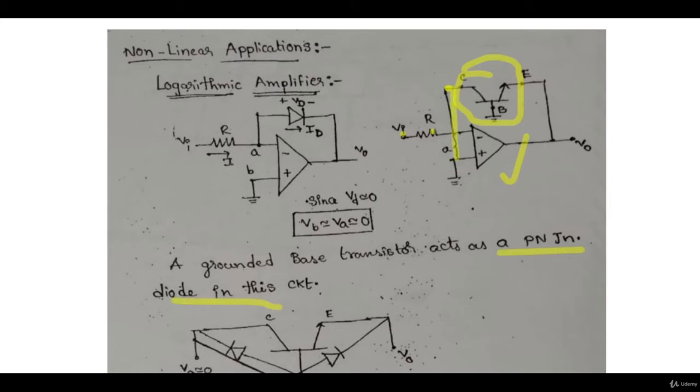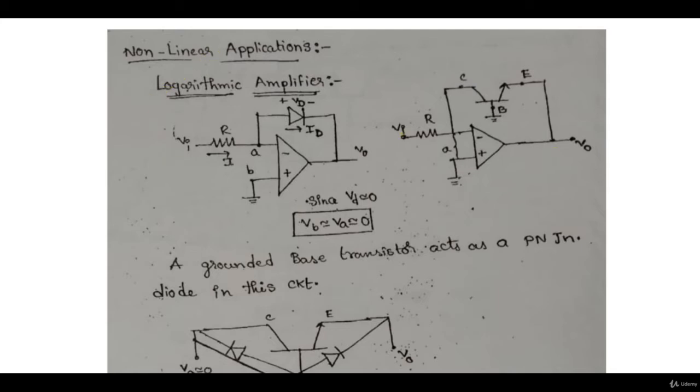Because its collector is connected to ground, virtually ground, and base is also ground, so you can see it as a diode connected transistor. Okay, so both the circuits will give the same application, that is logarithmic amplifier. Okay, so the output will be a logarithmic function of input in both the circuits. Okay, so I hope it is clear.